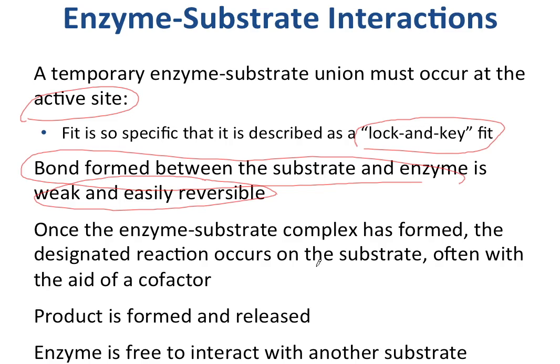This process has to be aided by the cofactor. Once the reaction is done, the product can be released. The enzyme is free, so the enzyme will be reused and can bind with another substrate for the reaction.